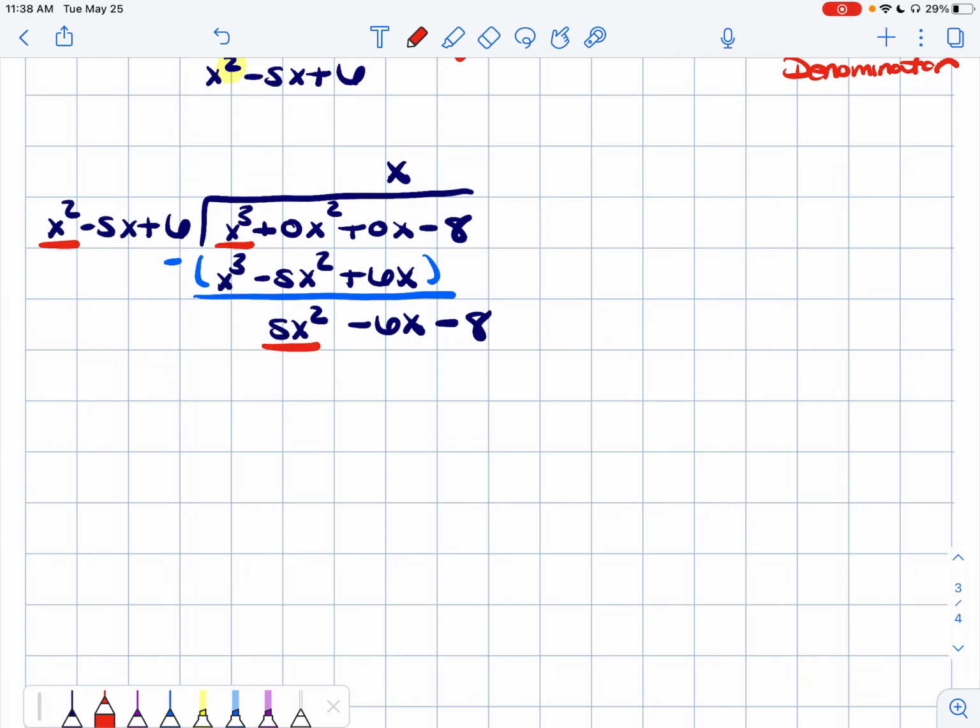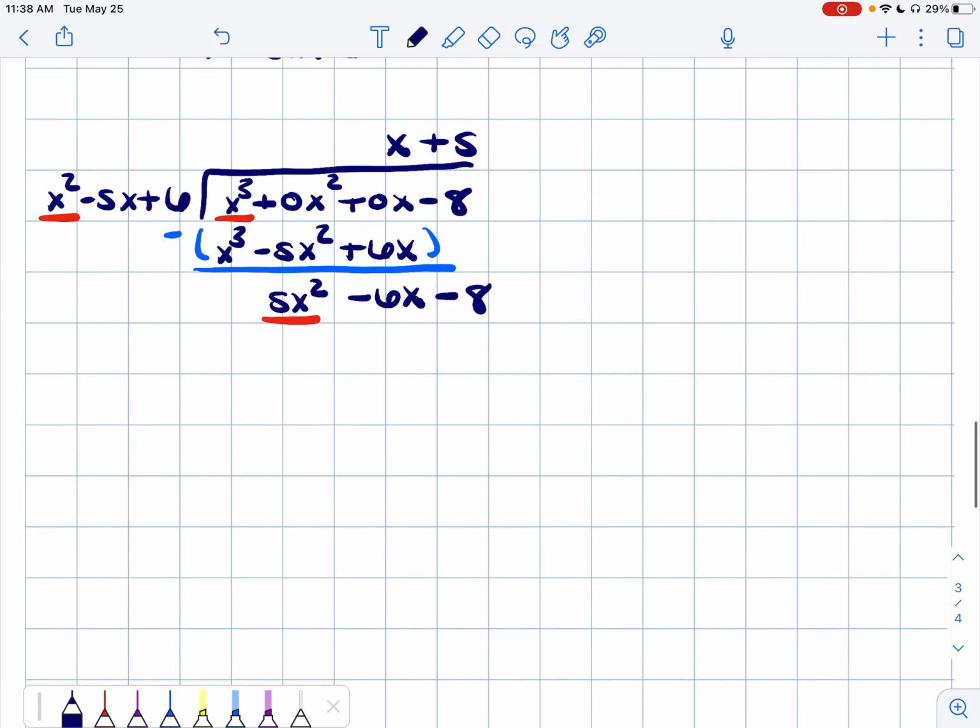Okay, and then we just do it again. So now we think, what do we need to multiply an x squared by to get a 5x squared? And of course the answer is 5, so plus 5 in our quotient. And then we multiply the 5 by the entire divisor. And that would give us 5x squared minus 25x plus 30.